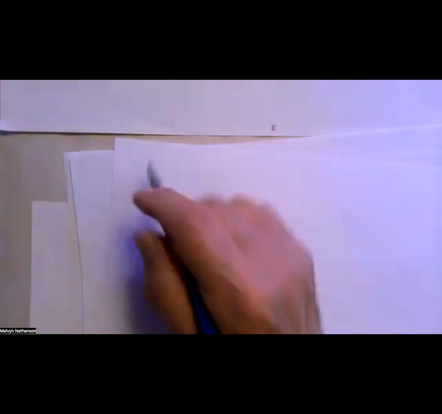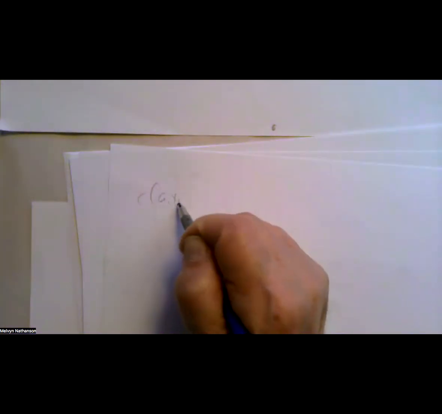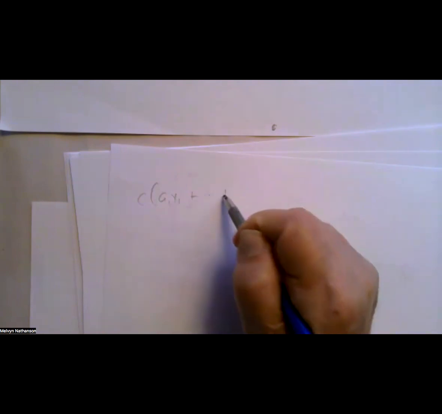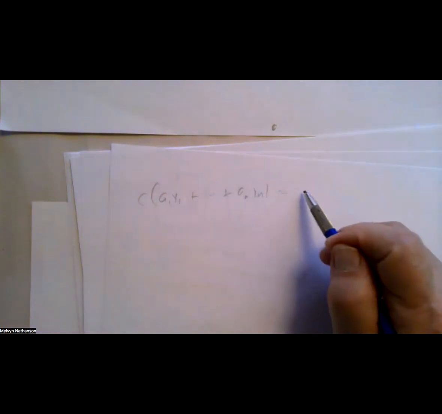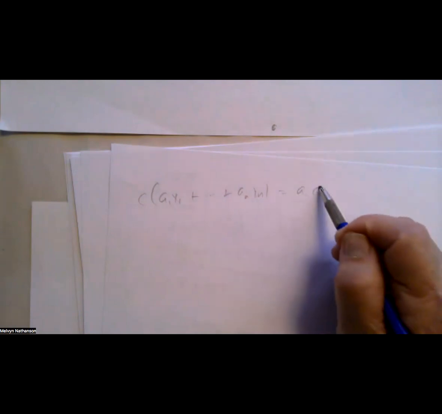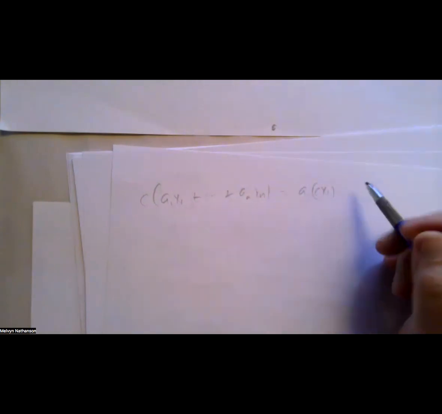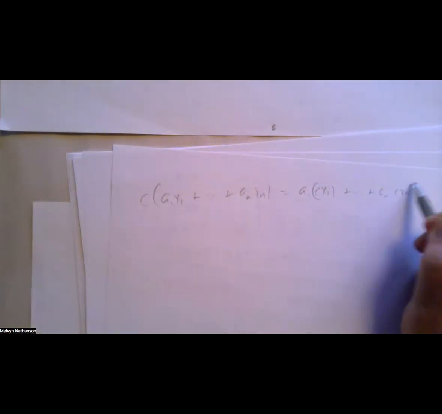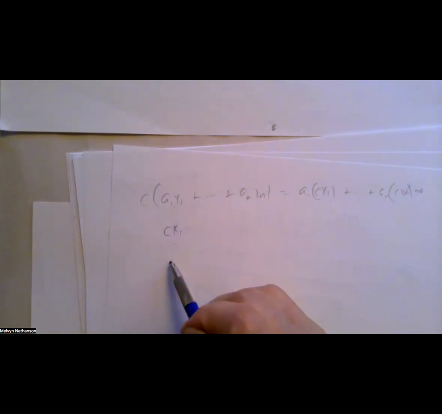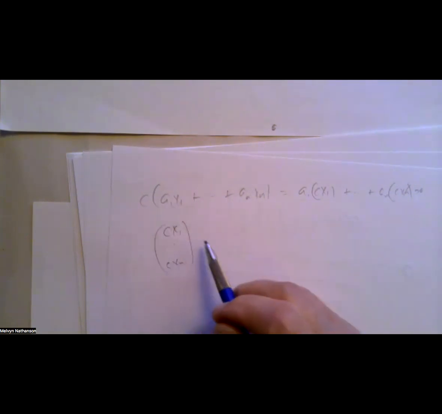But c times a1 x1 up to an xn is the same as a1 times cx1 up to an times cxn, I'm just distributing across. So the vector cx1 down to cxn is a solution.